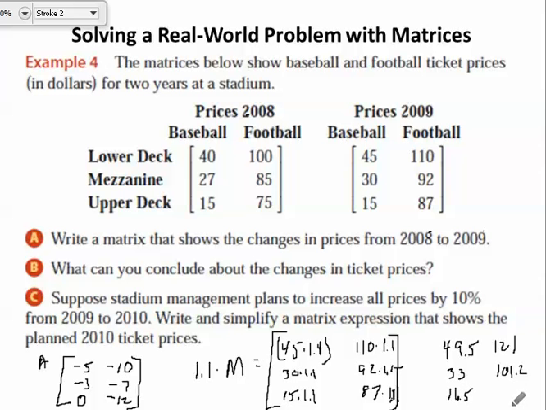And 87 times 1.1 would be 95.7. That would be the new ticket prices for 2010. Do you see how I did that?